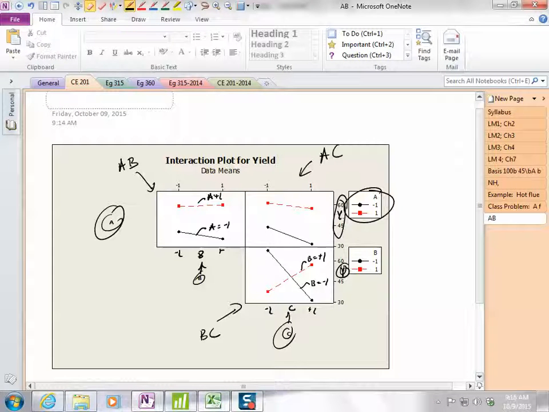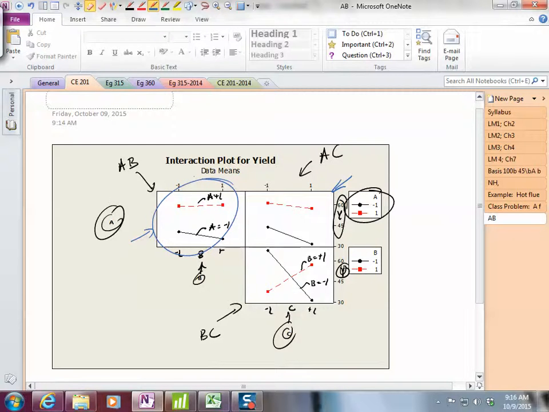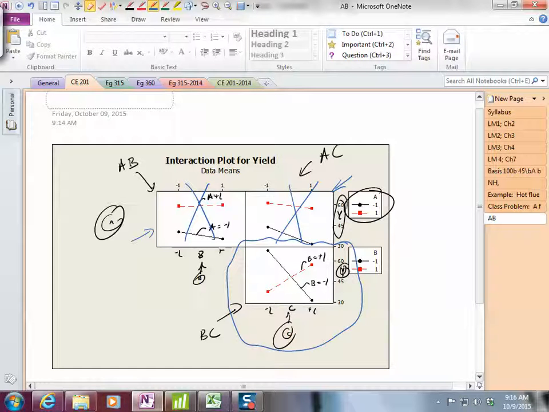And remember, in these results, when the lines were parallel, they were insignificant. Our results showed that this one was insignificant, that one was insignificant. The only one that we said is real, based on our hypothesis test, was this one.